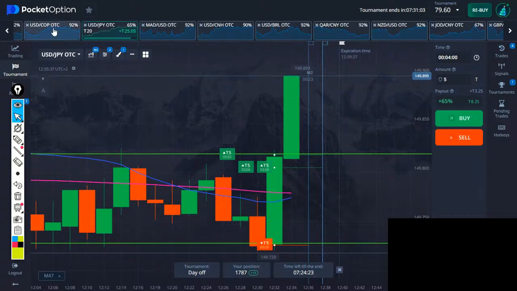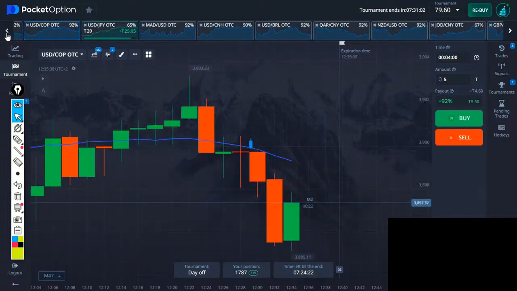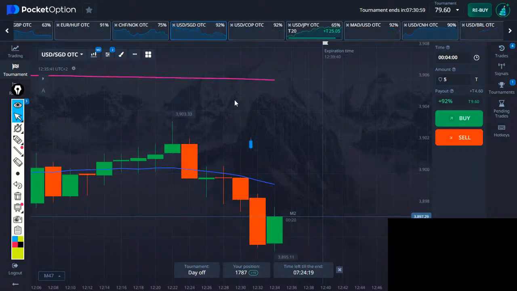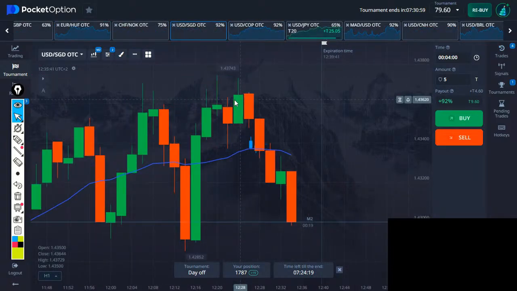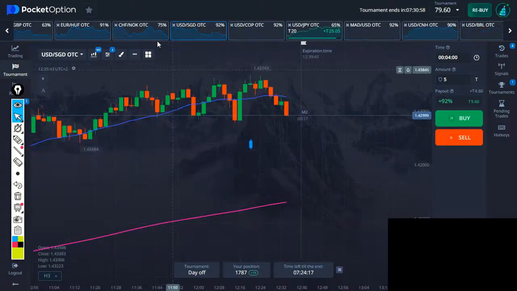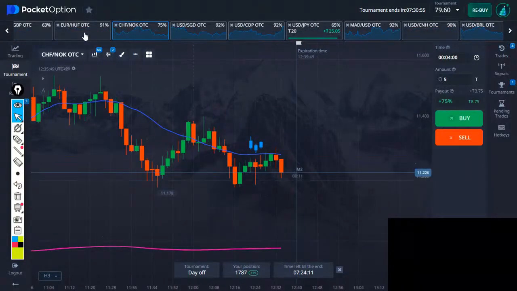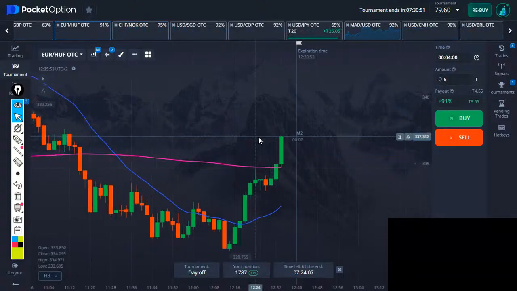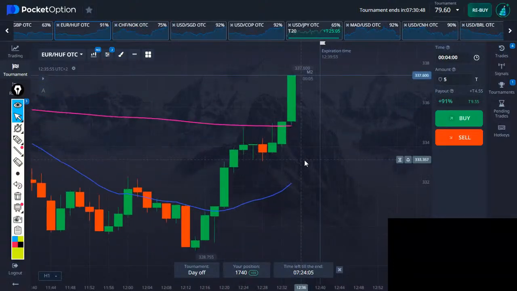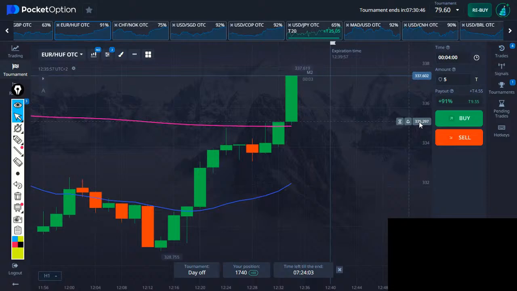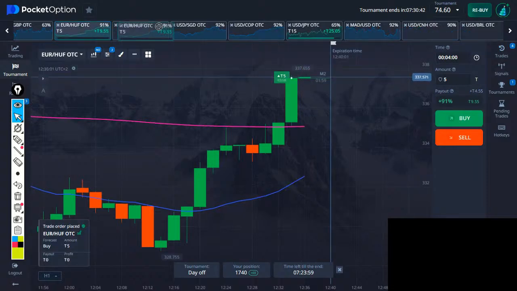Let's find another setup. This is beautiful. I'll take this one. This is a clean cross of the SMA.